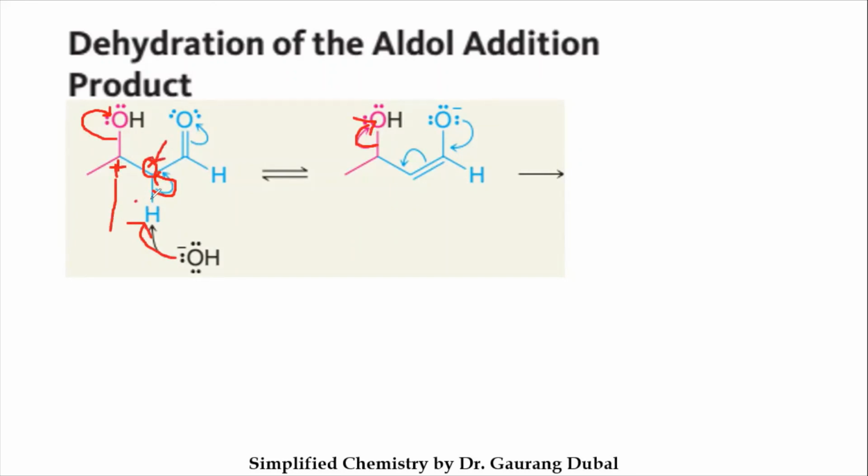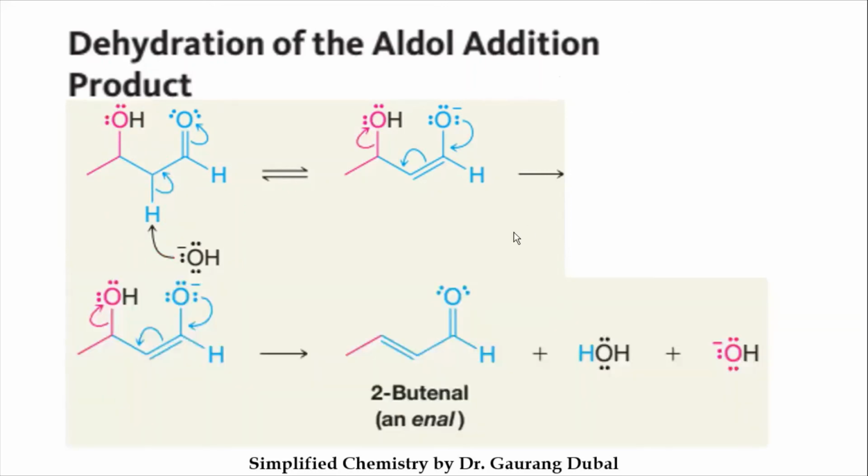So now after losing hydrogen over here by base and one OH from here, simply formation of a double bond will take place. How? You can see, as I told, OH will be removed and the electron will shift here from the enolate ion that will tautomerize, and you get a negative charge here, which will create a double bond here, that is an enal, and the compound is alpha beta unsaturated.